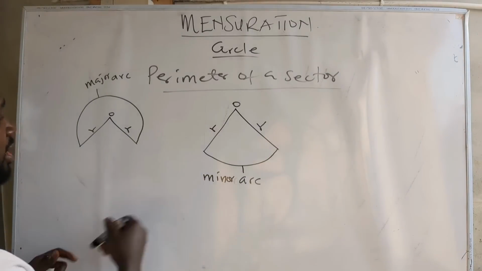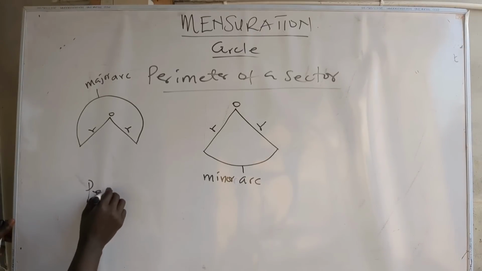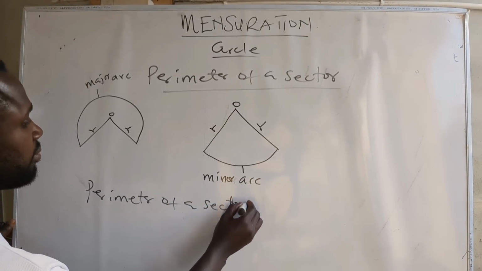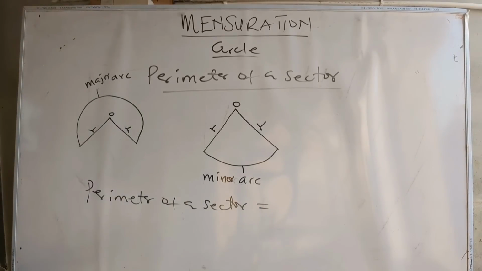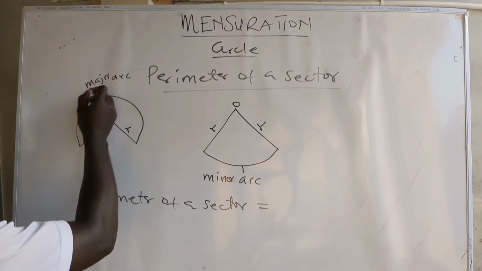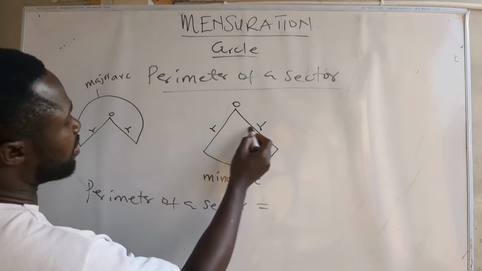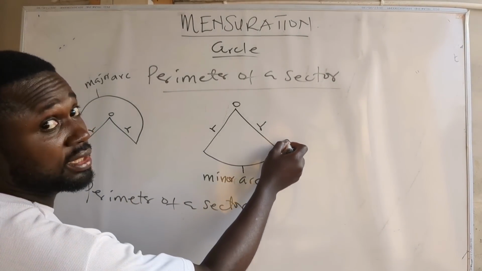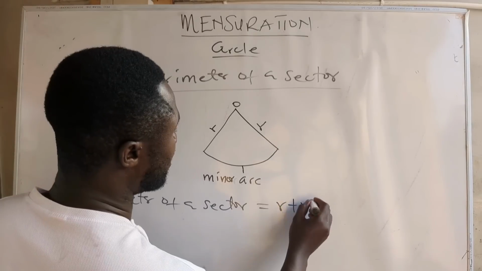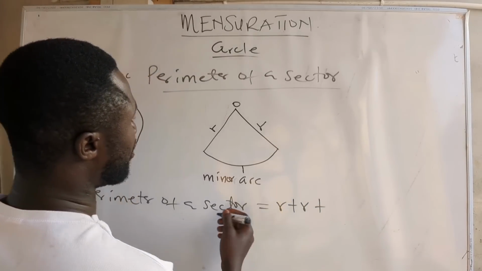So the perimeter of a sector is the 2 radii plus the length of the arc. You get it? So the perimeter of a sector becomes r plus r plus the length of the arc.